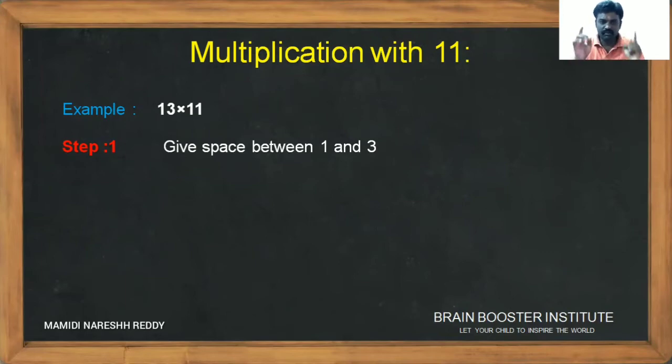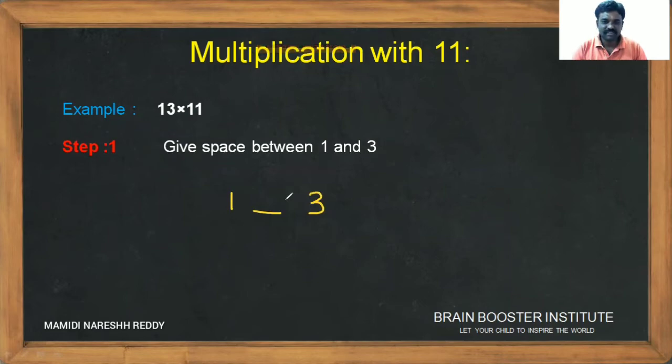Here 13 into 11 gives a three-digit number. That's why give one space between 1 and 3. So, 1, space, and 3.